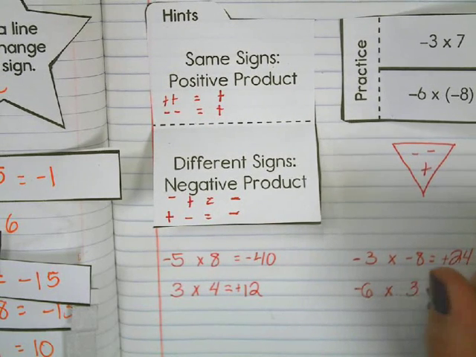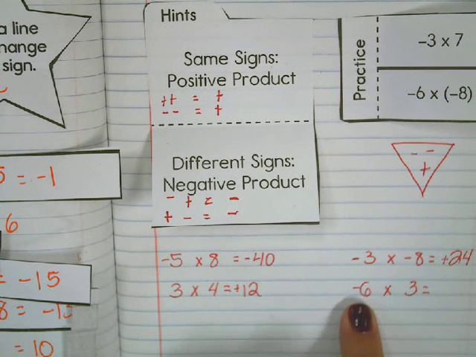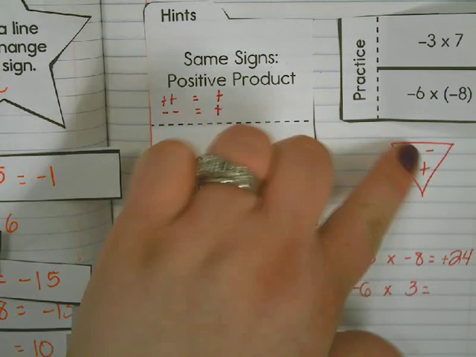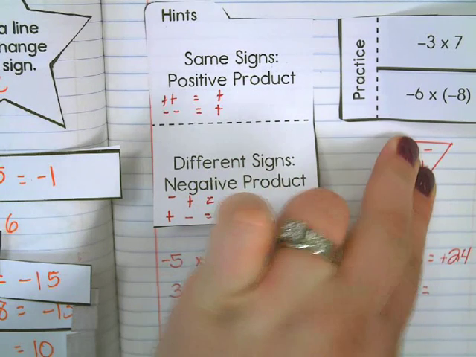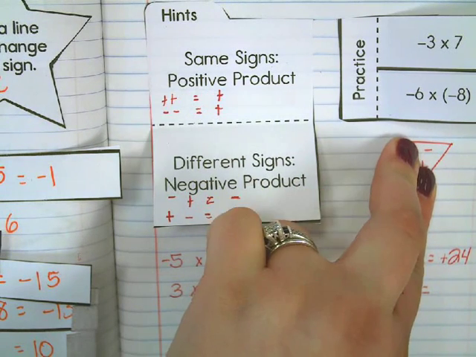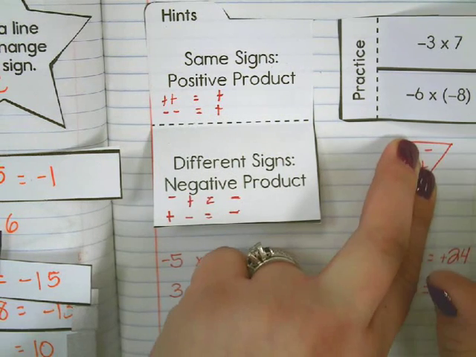He says he's confused on it, so let Caleb do it. What sign is this? Negative. Okay, so I'm going to cover a negative. What sign is the 3? Positive. So I'm going to cover a positive. What do I have left? So my answer is negative. 6 times 3 is 18, so it's a negative 18.